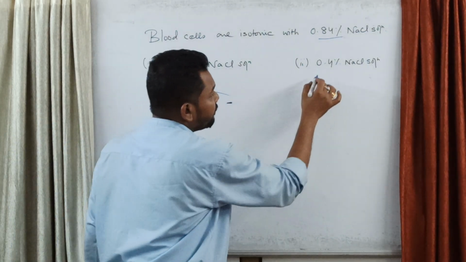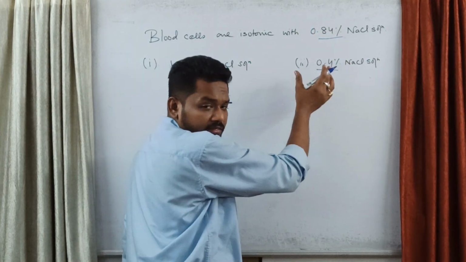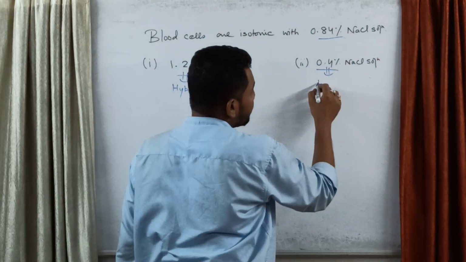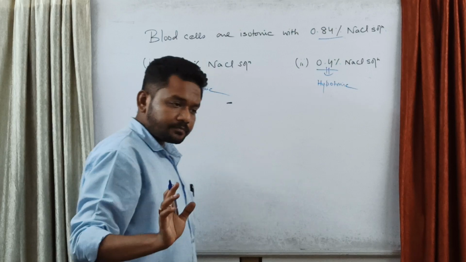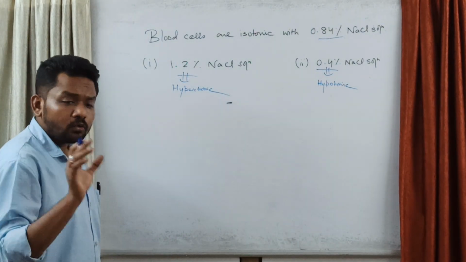When you have 0.4% with respect to 0.84, its concentration is lower. When its concentration is lower, its osmotic pressure is also lower, so you can call it hypotonic. Is it clear? Now I have said the movement will take place from lower to higher.